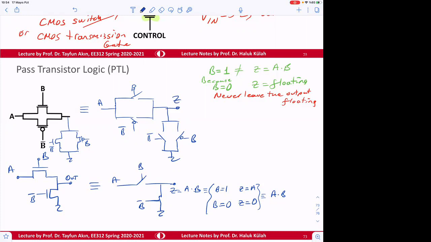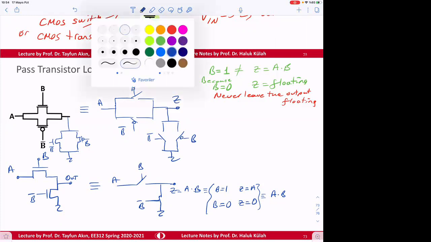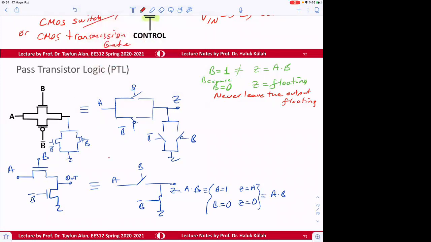So this is a full CMOS representation, just maybe CMOS switches.